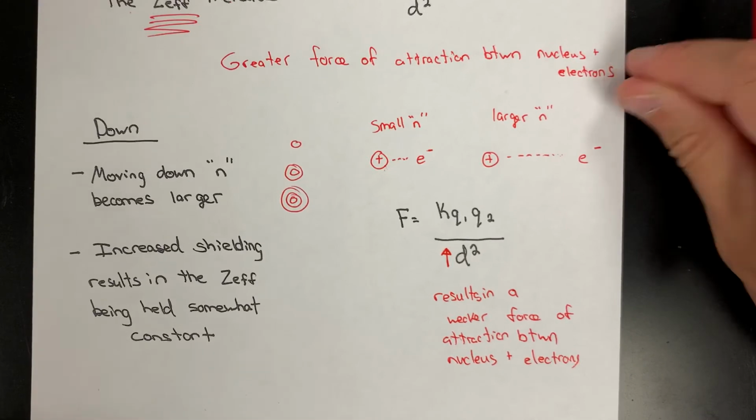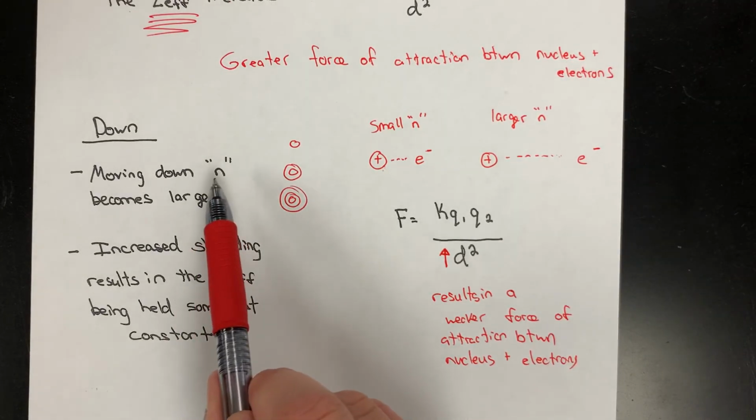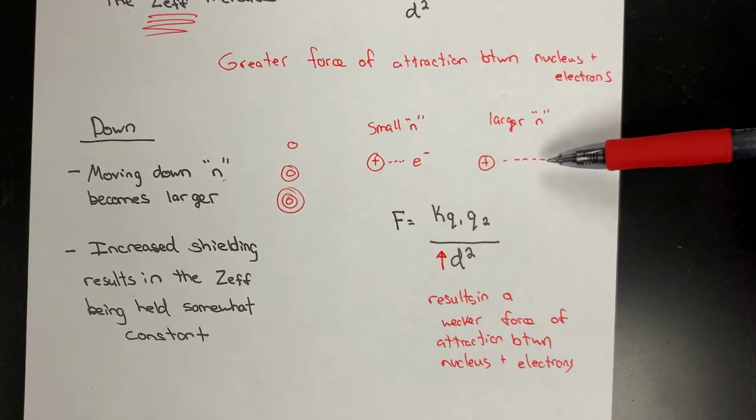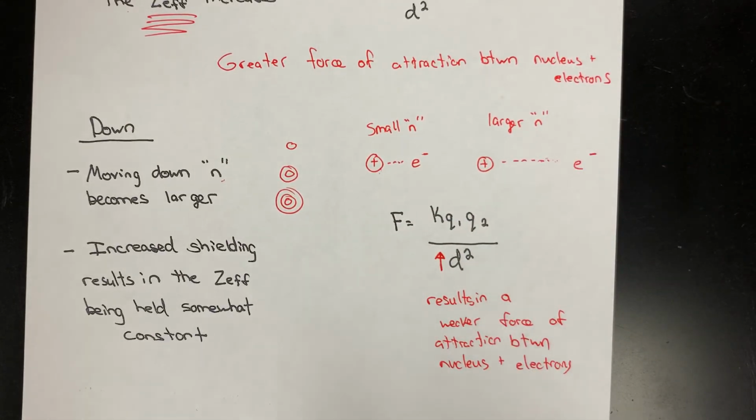Okay, so again, with an increased distance, as n becomes larger as we move down the periodic table, it's that increase in distance that's going to result in a weaker Coulombic attractive force between the nucleus and the electrons, right?